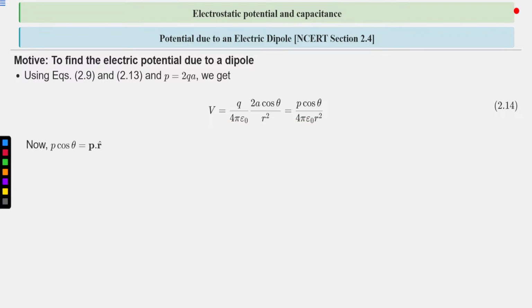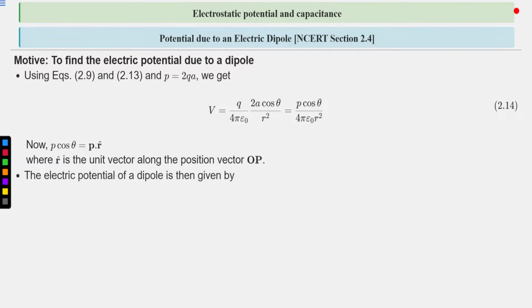Now we also know p cos theta is p dot r cap, the dot product of the p vector and r cap, the unit vector, where r cap is a unit vector along the position vector OP.